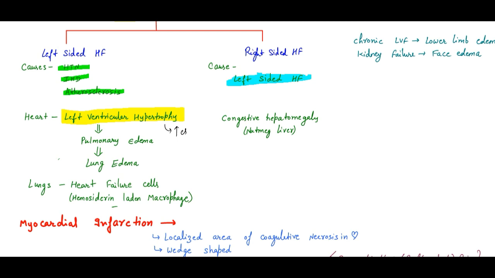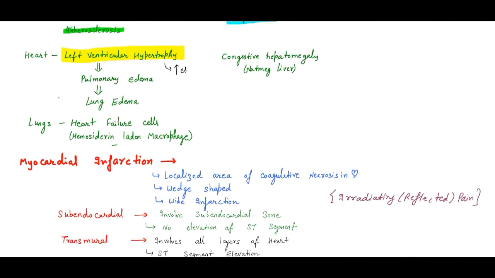What is the cause of lung edema? Left sided heart failure. Then in the lungs we see the heart failure cells, which are hemosiderin laden macrophages.